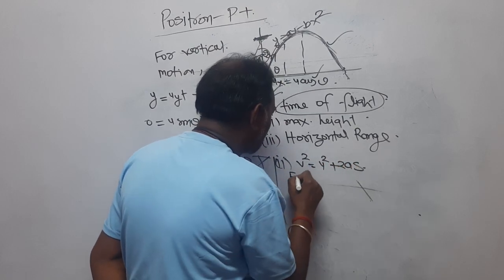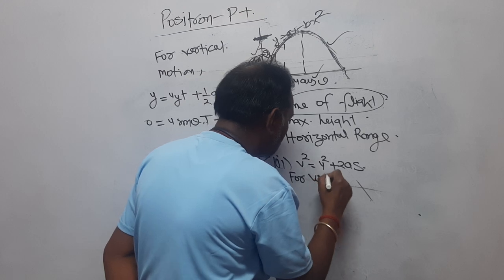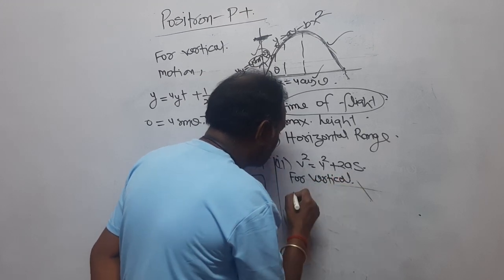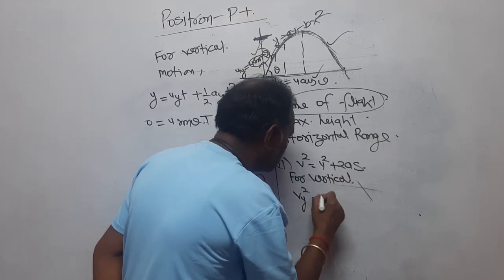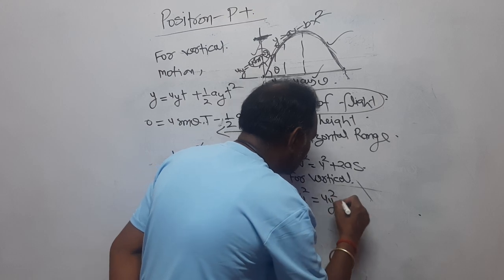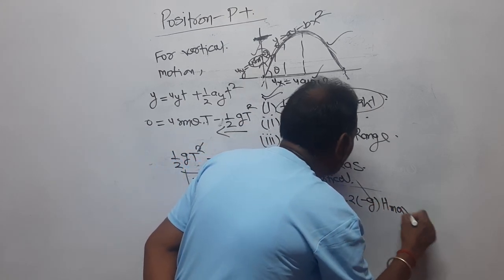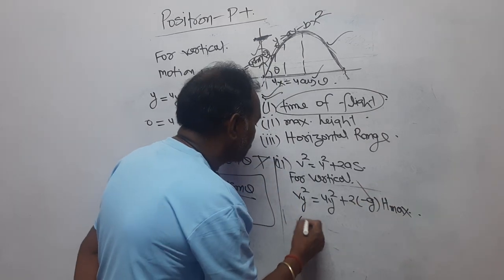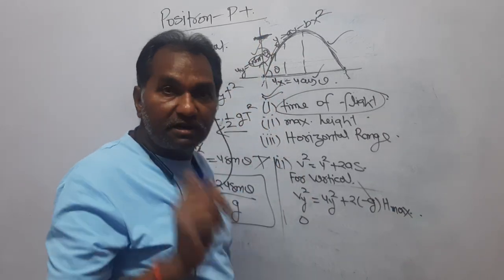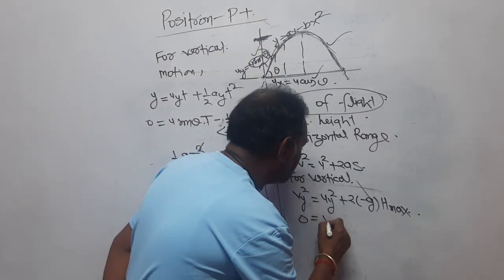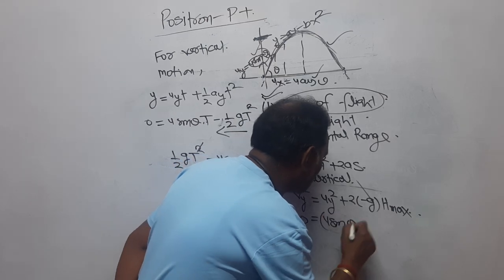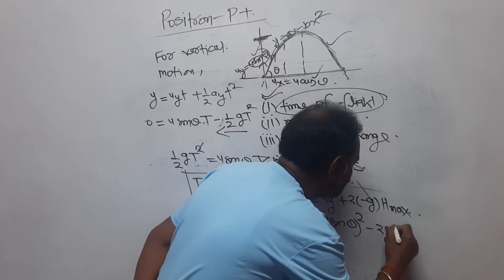For vertical motion, what am I writing? Vy square equal to uy square plus 2a s, where a is minus g, and I am writing h max in place of s. Vy, the final vertical velocity, becomes 0. Now uy is u sine theta, whole square, minus 2g h max.